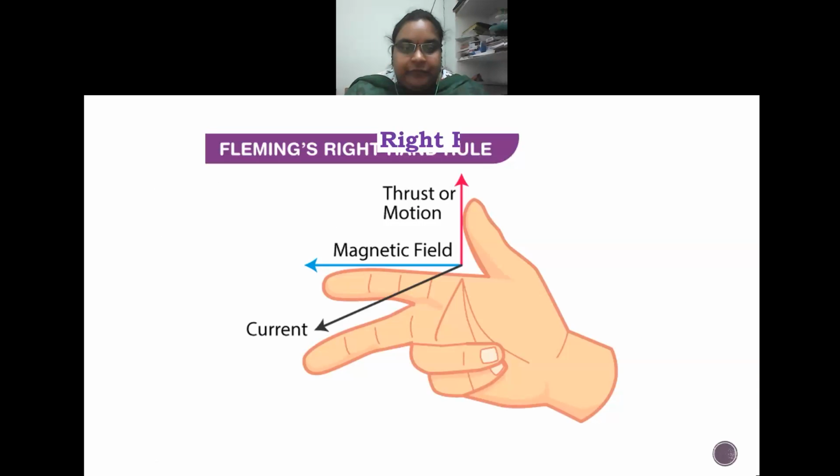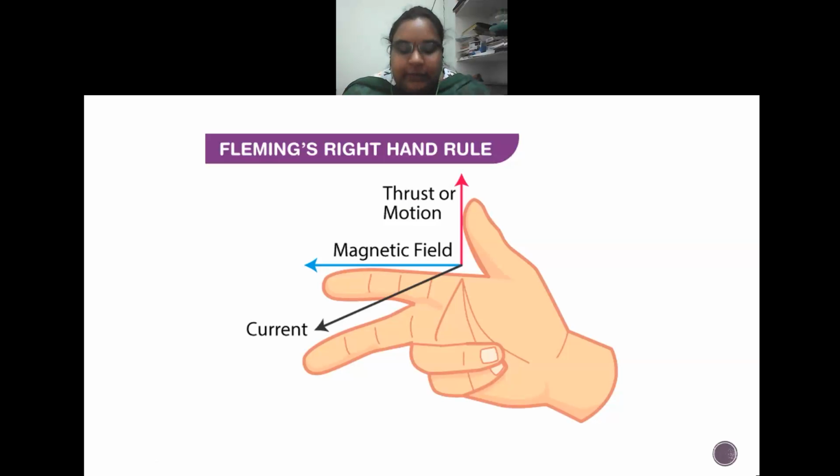So he's saying that if we stretch the three fingers of your right hand in such a way that they are perpendicular to each other, then if the forefinger represents the magnetic field, and thumb represents the motion of the conductor, then the central finger represents the direction of the induced EMF.